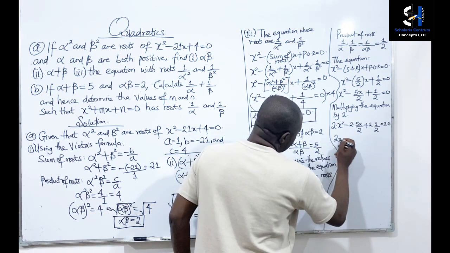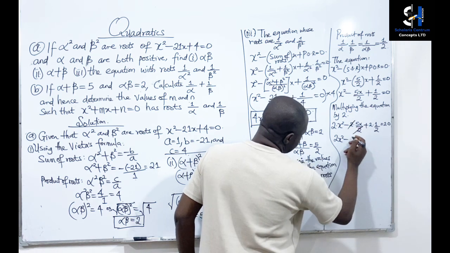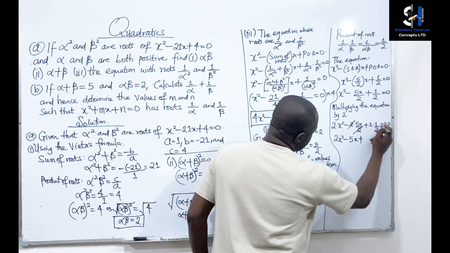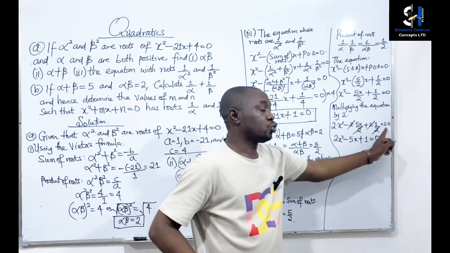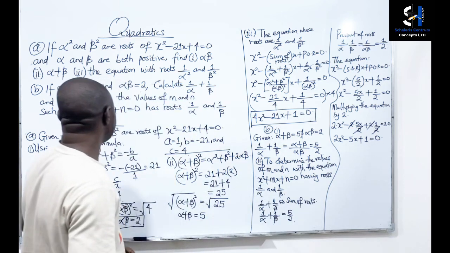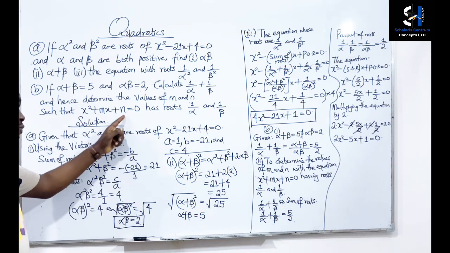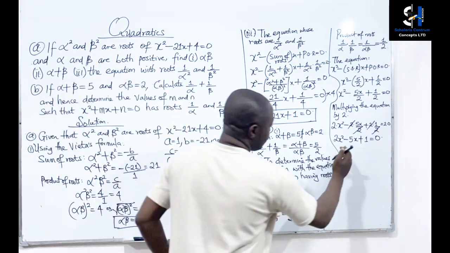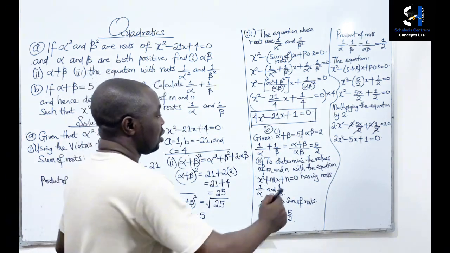So this will be 2x squared minus 5x plus 1 equals 0, because 2 times 0 is 0. Looking at this equation, the value of m will be minus 5, and the value of n will be 1.